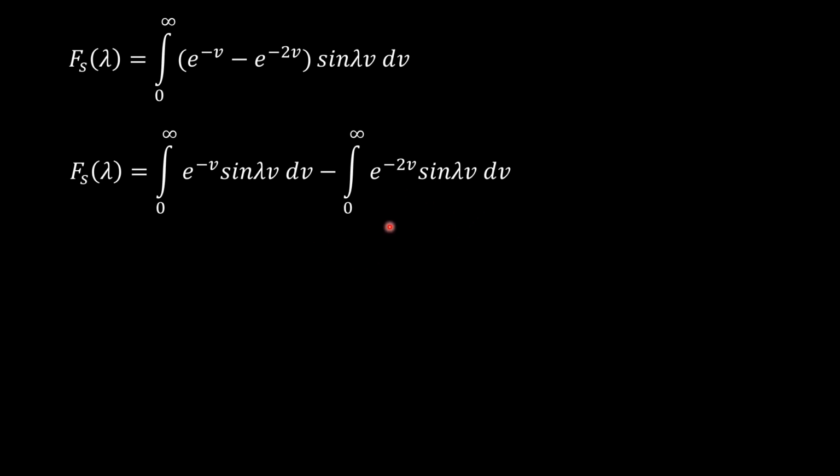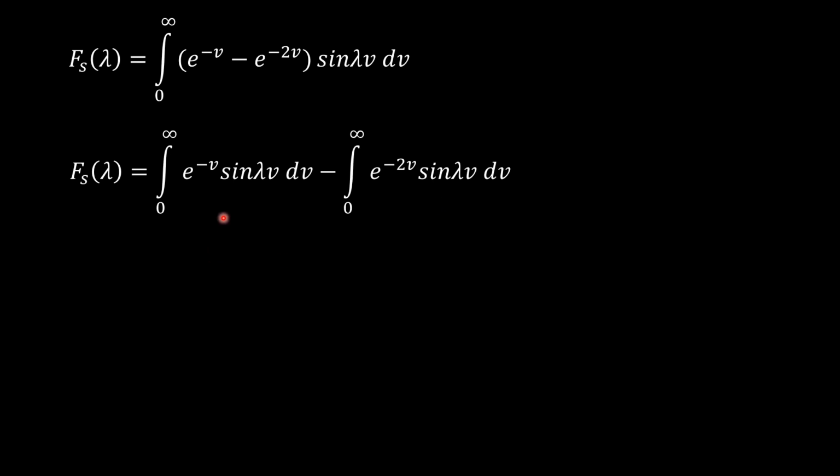To simplify these integrations, we will use the formula: integration of e raised to ax sine bx dx is equal to e raised to ax divided by (a square plus b square) into (a sine bx minus b cos bx). For the first integration, a is minus 1 and b is lambda. For the second integration, a is minus 2 and b is lambda.